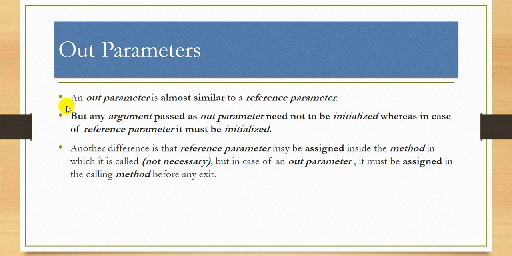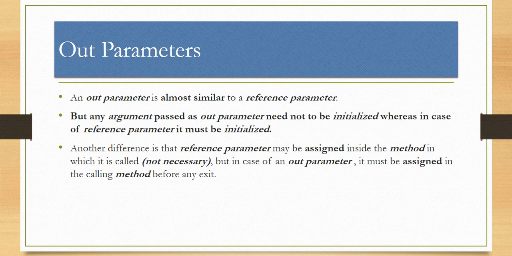An out parameter is almost similar to a reference parameter, but note that any argument passed as an out parameter need not be initialized, whereas in the case of a reference parameter it must be initialized. This is linked to what I showed you when I didn't assign the 21 to our roll number variable. We got an error, but when using an out parameter, you don't really need to assign that variable a value.